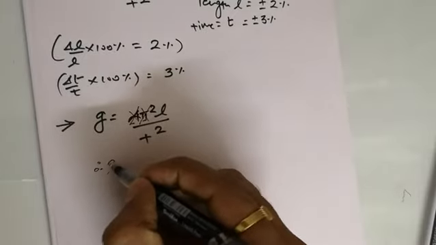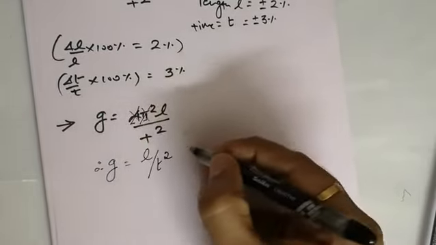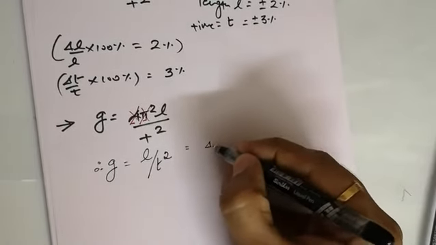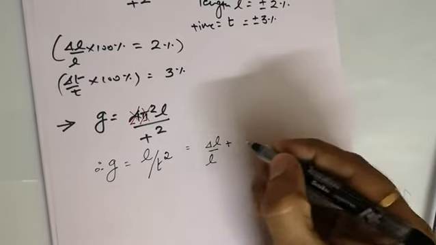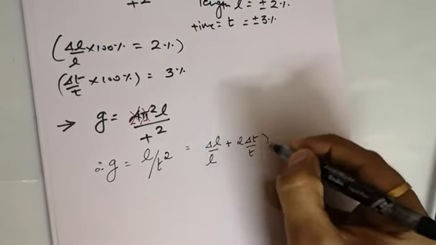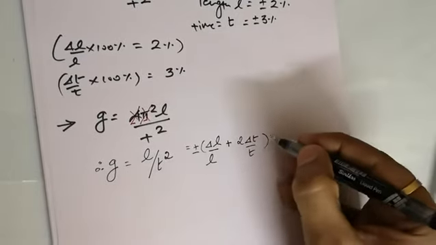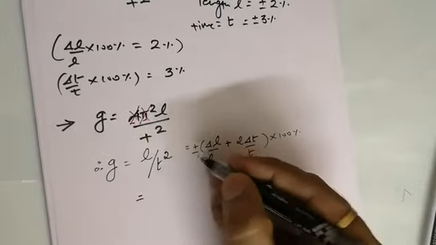So now we have g equals l divided by t square. So as per our notation, I am writing delta l by l plus 2 times delta t by t, and here plus or minus, and I have data in terms of percentages. So plus or minus is there.